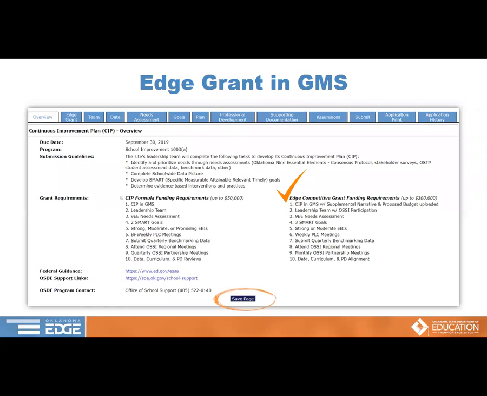Number 4, a third SMART goal is a requirement. Number 5, only strong or moderate evidence-based interventions may be implemented. And number 6, weekly PLC meetings are required. Number 9, the site will have monthly Office of School Support and Improvement partnership meetings.